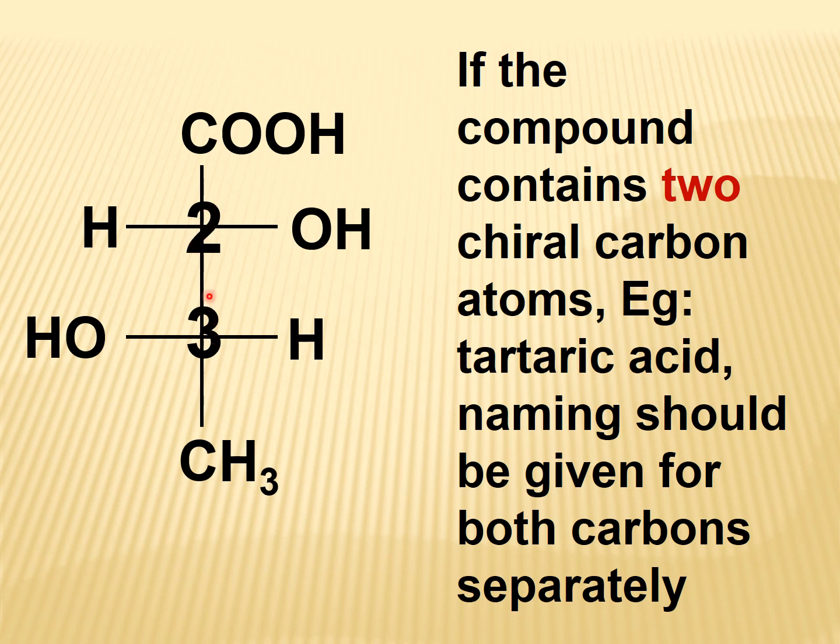So for the second and third carbon separately, we have to give the namings. When we consider the second carbon atom, this entire group is considered as a single group. All these functional groups are taken as a single group, and when we consider the third carbon atom, this entire thing is taken as a single group. Let us see the example first.